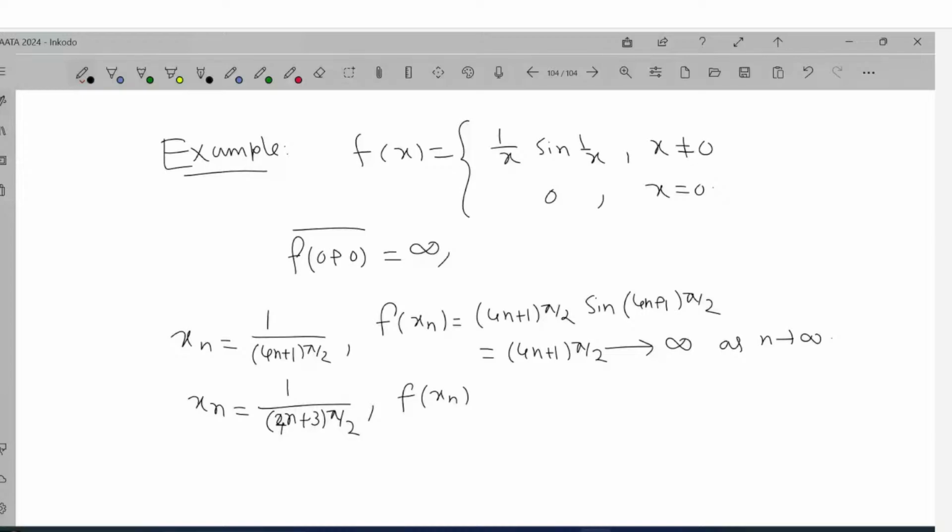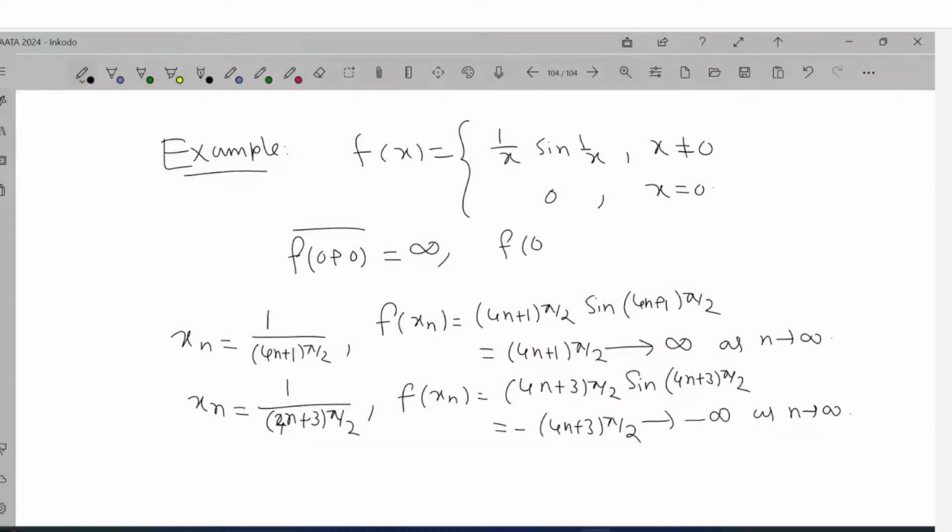This will be 4n plus 3 pi by 2 into sine of 4n plus 3 into pi by 2, and this term will be negative. So negative 4n plus 3 pi by 2, and this will move towards minus infinity as n tends to infinity. So therefore f of 0 plus 0 lower bound is minus infinity.